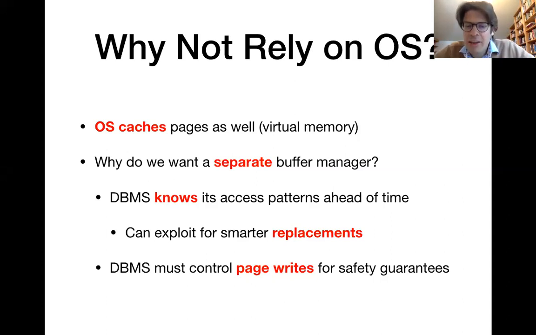There are two principal reasons. The first reason is that the database management system often has very specific access patterns. You will see in the following that the generic strategies of the operating system often don't work so well for a database management system. So a first reason is efficiency.